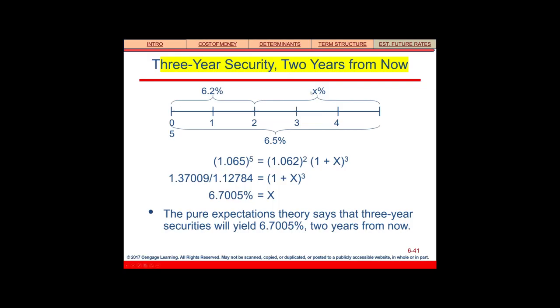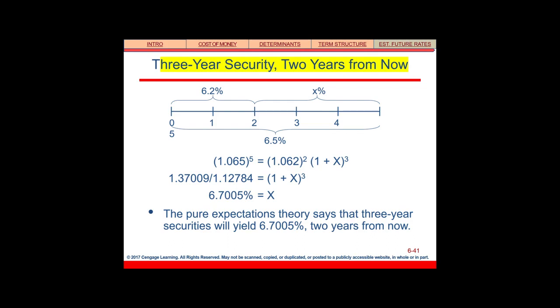Then you can write an equation like this, and X will be equal to 6.7% in the end. So the pure expectations theory says that 3 year securities will yield 6.7005% 2 years from now.